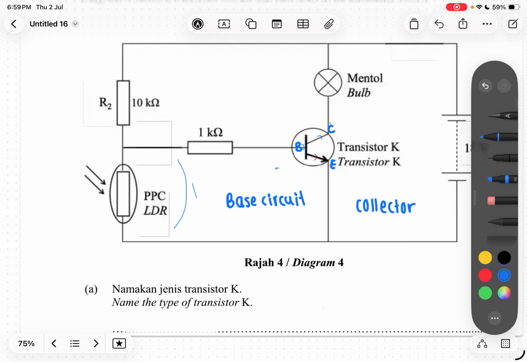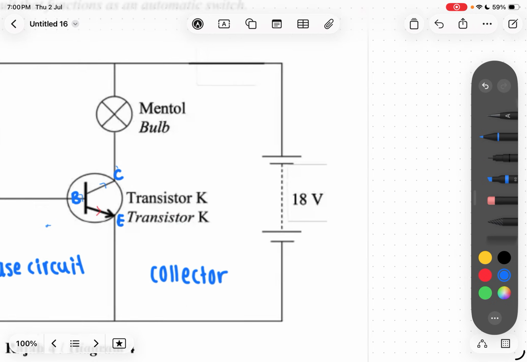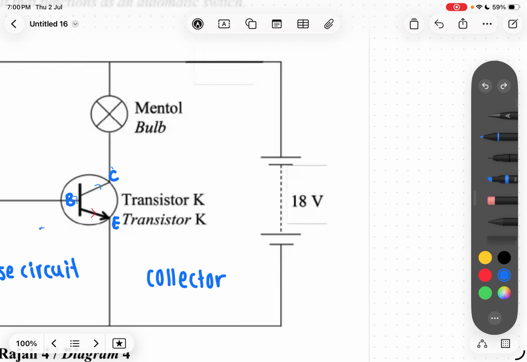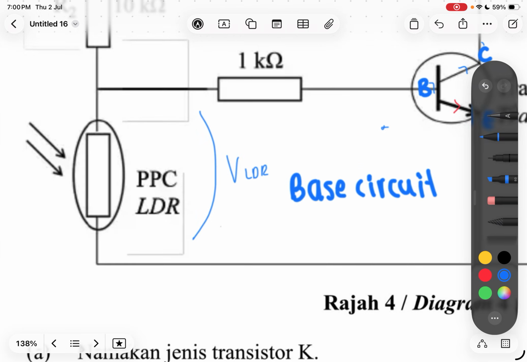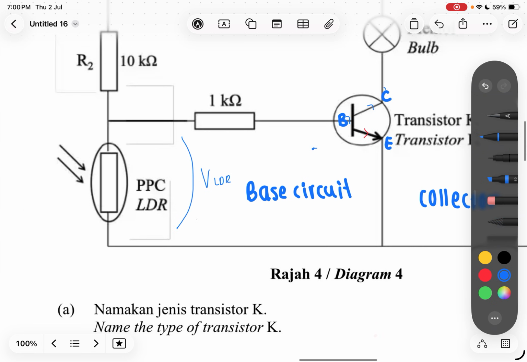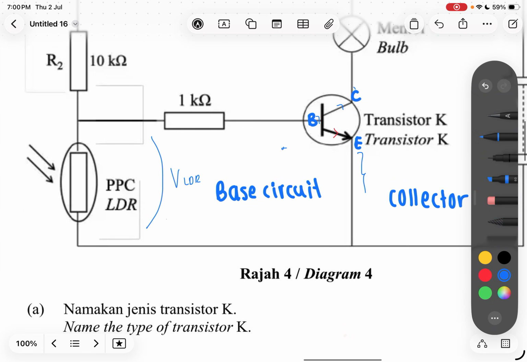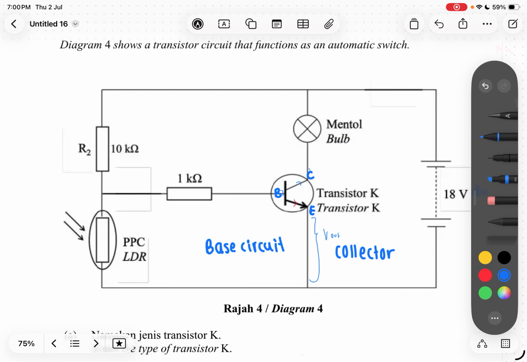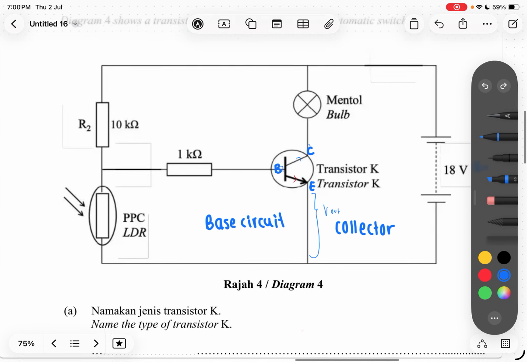We already have the given voltage here. So what we have to know is that this is equal to V in. It's just a way I remember. Then this will be my V out, which is basically the VLDR, because it's a potential divider between this and this.